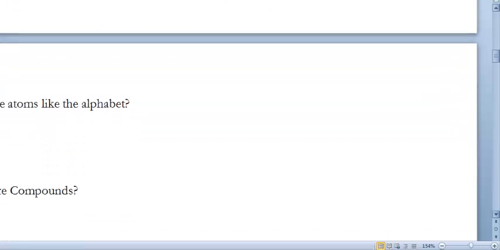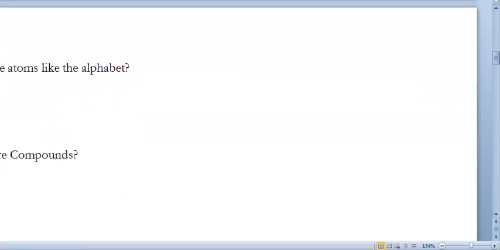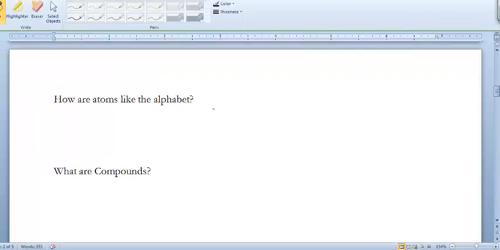Okay? So atoms, I like to say, are like the alphabet, and let me make this comparison. Alphabet is the basic unit, and we use the letters of the alphabet to make words. Well, the basic unit for chemistry are the elements.